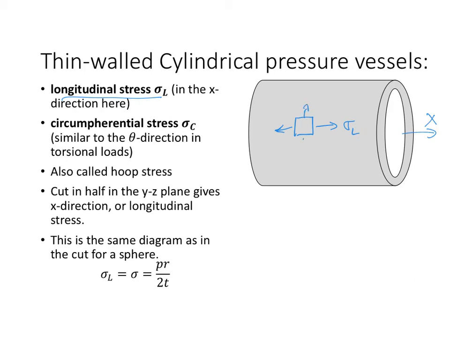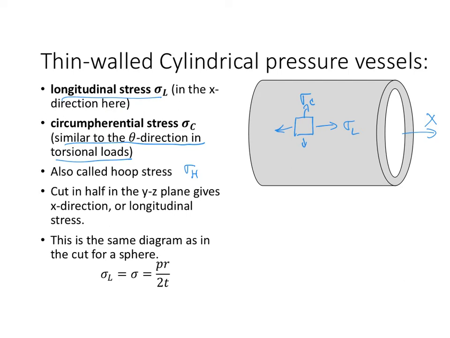Whereas we also have this stress, the circumferential stress that's running around the circumference, so anywhere in the y or z directions or in between them. This is similar to the theta direction that we talked about in the torsional loads. We also call the circumferential stress the hoop stress, or I should say a lot of people call it that, especially when they look at arteries, which are a type of cylindrical pressure vessel.